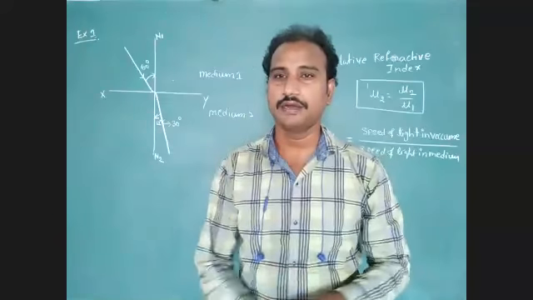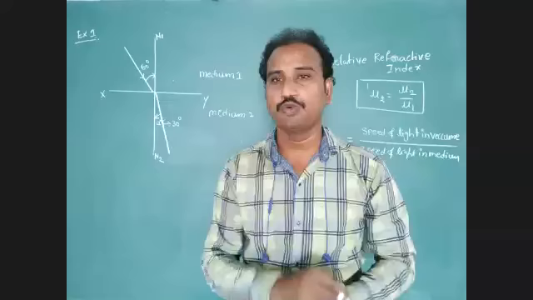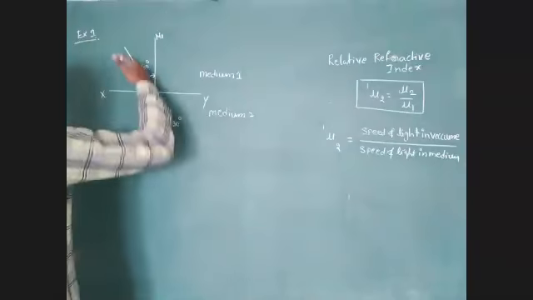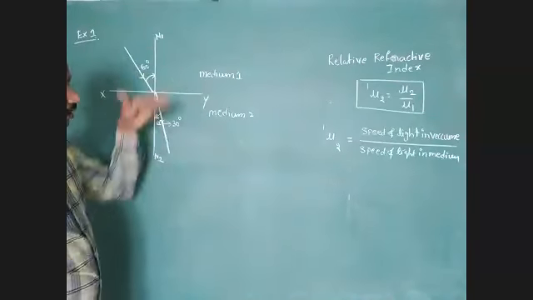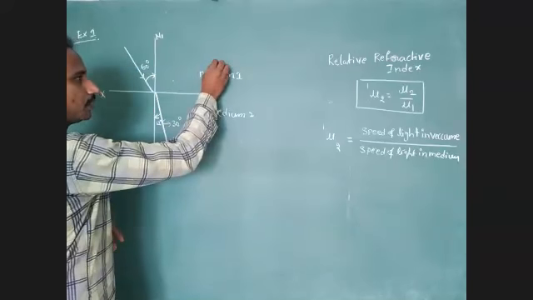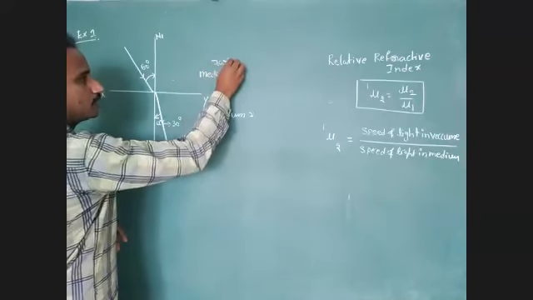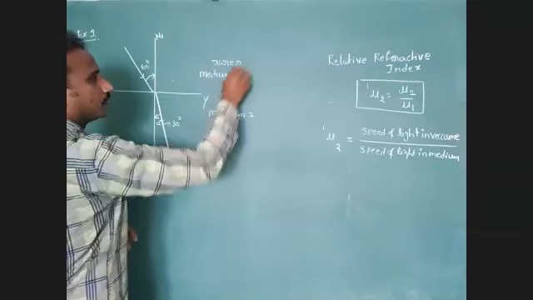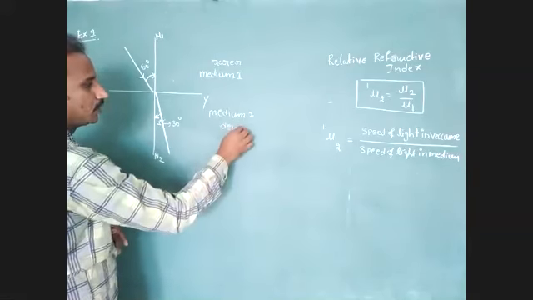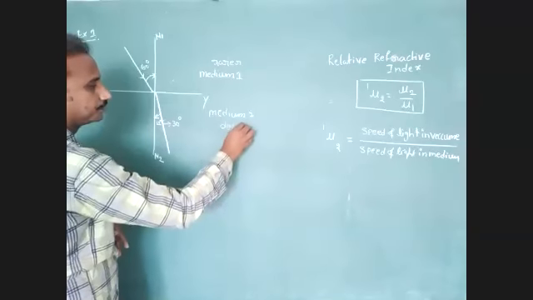Now we have to find the refractive index. What is the direction of the light ray? From the rarer optical medium to which medium? From the rarer medium to the denser optical medium.